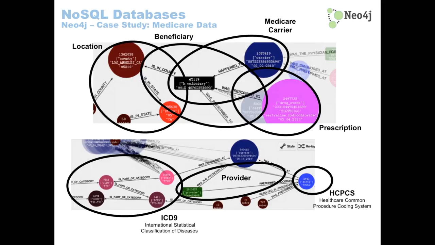Over there, Healthcare Common Procedure Coding System, and so lots of information about specific illnesses, and we could go to a specific illness associated with a node and then look out at all of the set of individuals that are, for whatever reason, connected to that illness.